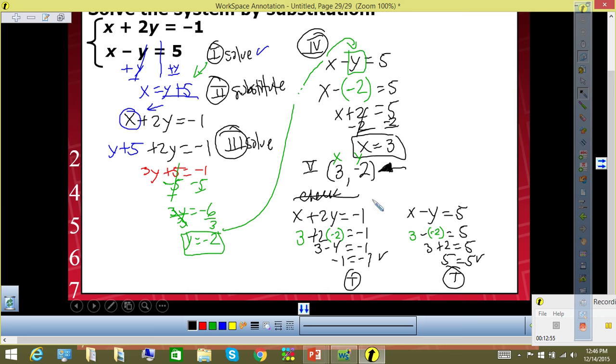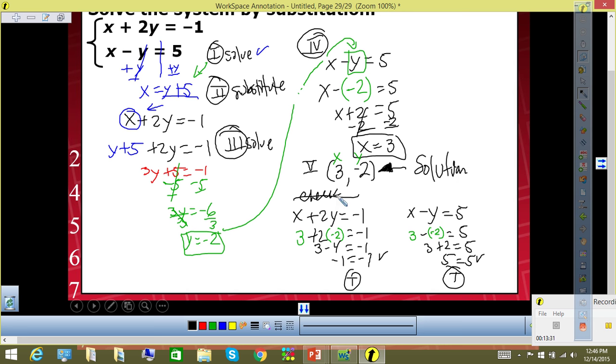Yes, Judah? Where the two lines intersect, okay. So what is that point? Everyone. The point of intersection. The solution to the system. It is the solution to the system. Yes, and it's all of that: where the two lines intersect and where both equations are true. That is true. Therefore, that's our solution.